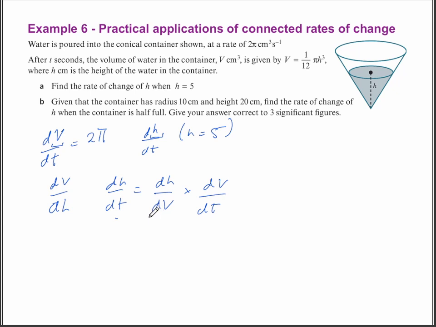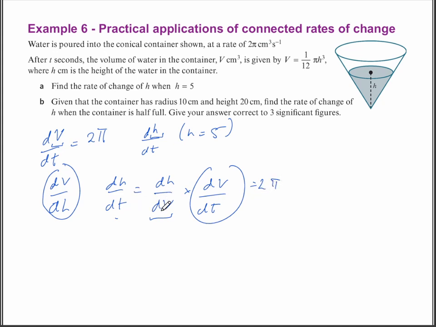What this will do is cancel out the dV's and we're left with dh over dt. So dh over dV is just the reciprocal of this, so once we find dV over dh, we can just reciprocate that to find dh over dV. dV over dt, on the other hand, is just going to be 2 pi.